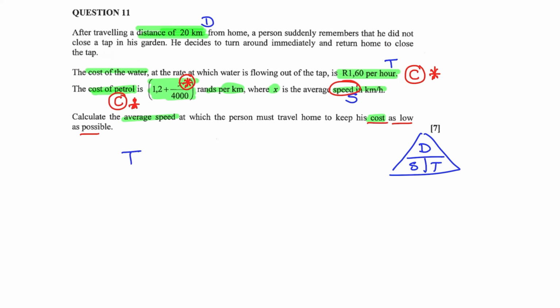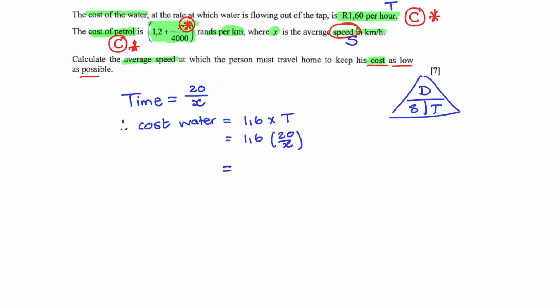So t is time, and that is equal to the distance, which is 20 kilometers, over x, which is the speed in kilometers per hour. Therefore, the cost of water would be R1.60 times the time, where the time is represented by 20 over x. If I simplify that, the cost of water is 32 over x.